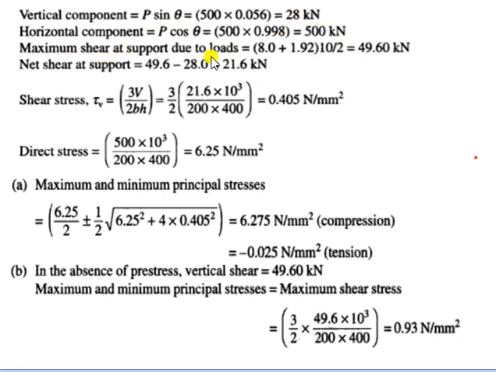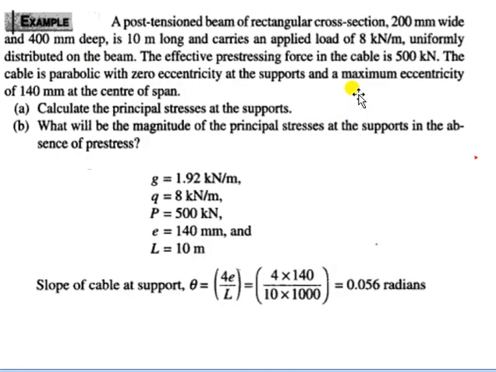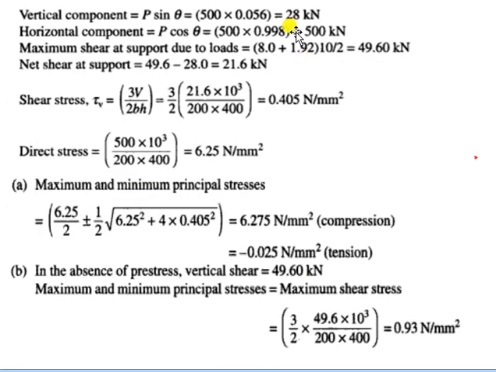The maximum shear force at the support due to live load and dead load is WL by 2. W is the total load acting on the beam, 1.92 plus 8, multiplied by L, which is 10, divided by 2.